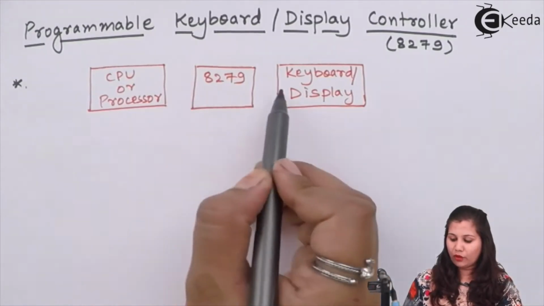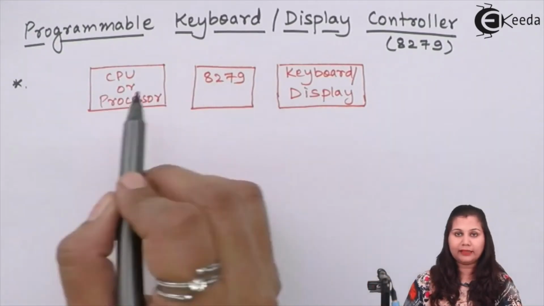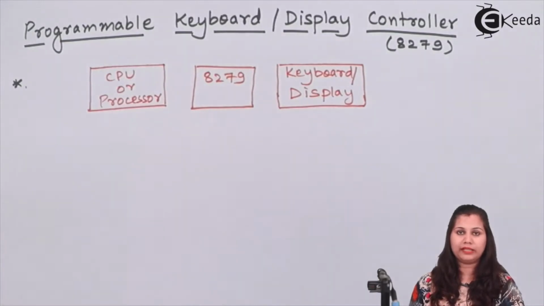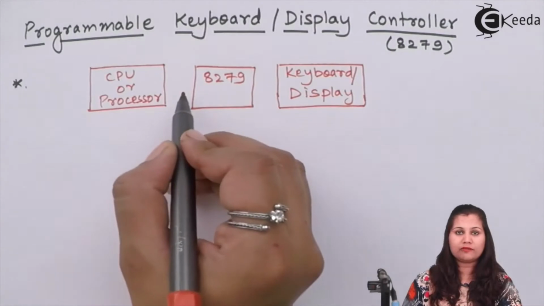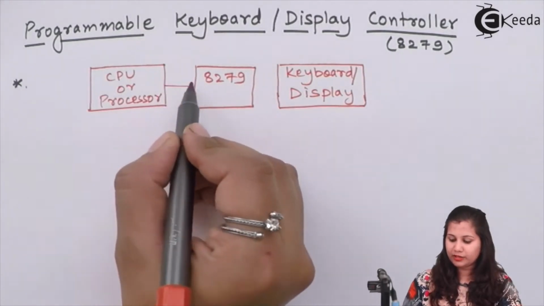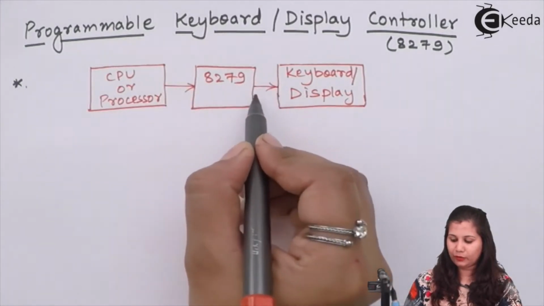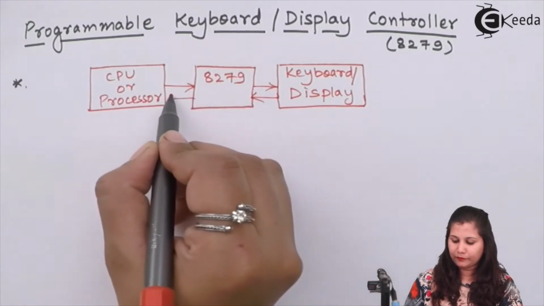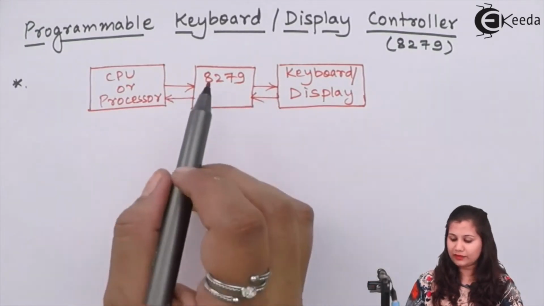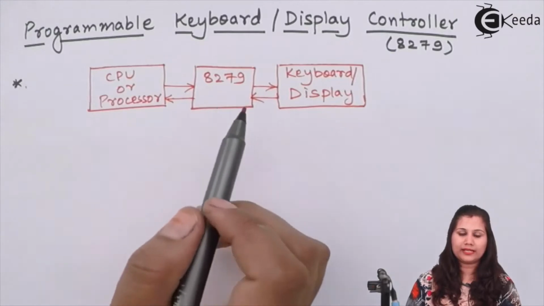Whenever the CPU and the keyboard want to transfer some data or communicate with each other, this communication will take place with this 8279. Any transfer of data will take place via this 8279.